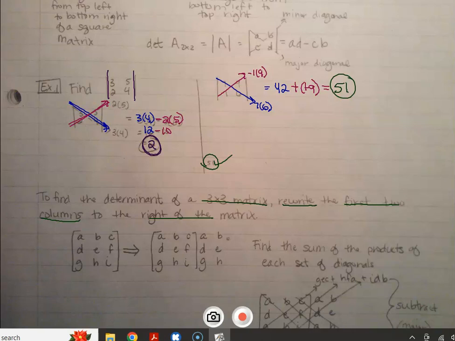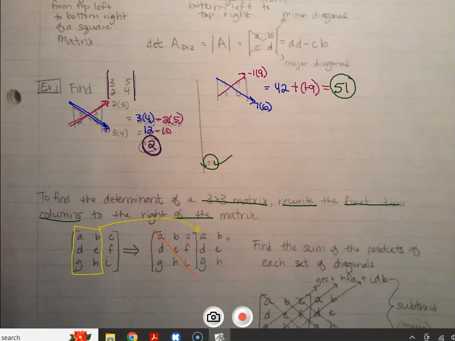I'm going to take these first 2 columns right here, and I'm going to rewrite them to the right. So I'm just repeating the pattern. So we have A, B, C, our matrix, and then A, B repeats. So I just brought those over here. So far that's the first step. We just rewrite those first two columns. So it's not a square anymore, but we have to, because we're going to use the same diagonal concept.